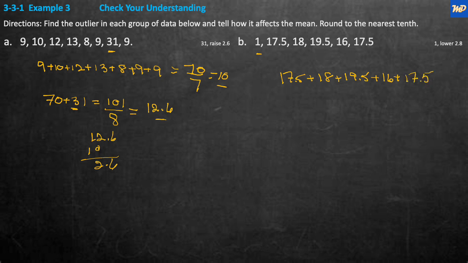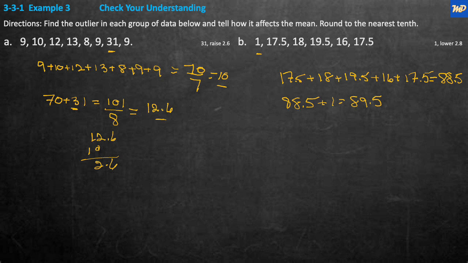If we add them all up, we get 88.5. And the number that we have to add also is the outlier. So 88.5 plus 1 is equal to 89.5.